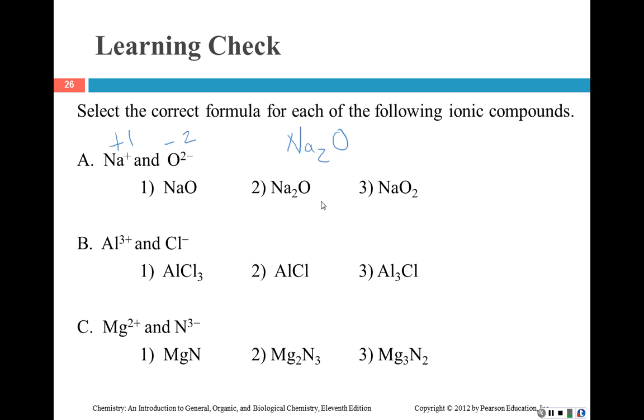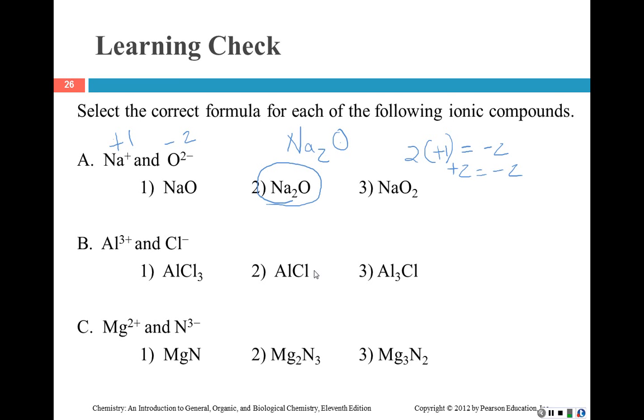All right, so O is a -2 and sodium is a +1. Okay, so that gives me a +2 and a -2. All right, so that'll give me the 0 charge. So that tells me that this one is correct. So put me on pause and do these other 2 and see if you can do them.